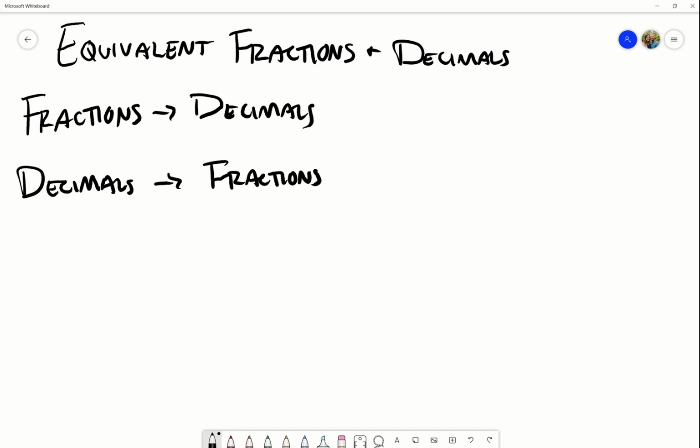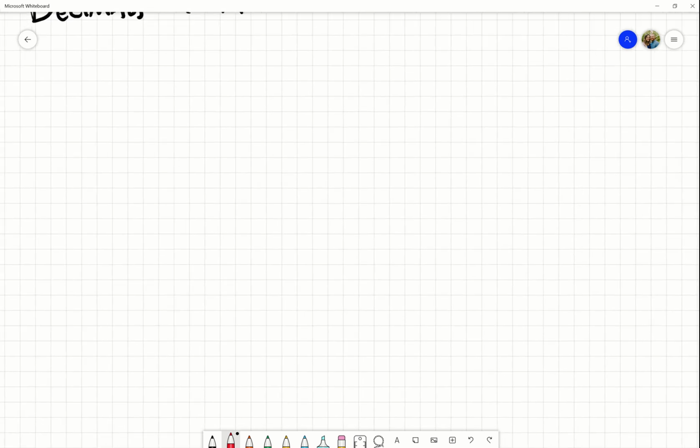Okay, so we want to go from one to the other and go back and forth and back and forth. All right, so the way that we're going to do this, we're going to start with fractions to decimals. We're going to start with fractions, turn them into decimals.